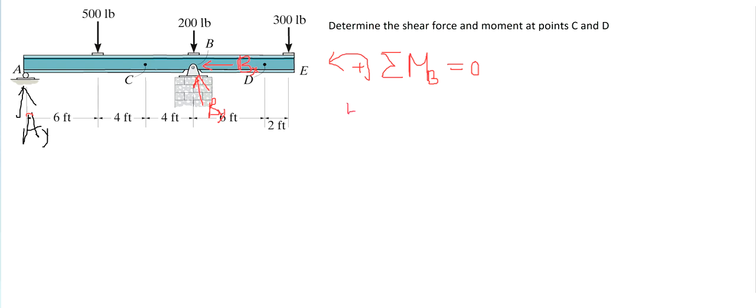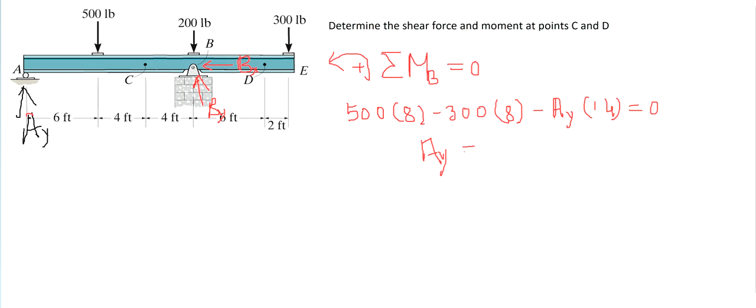So, we have 500 times 8 minus 300 times 8 minus AY times 14 equal to 0, which gives us AY is equal to 114.29 pounds.